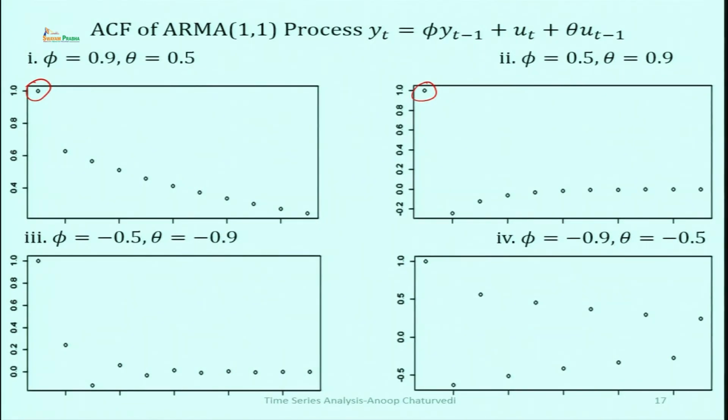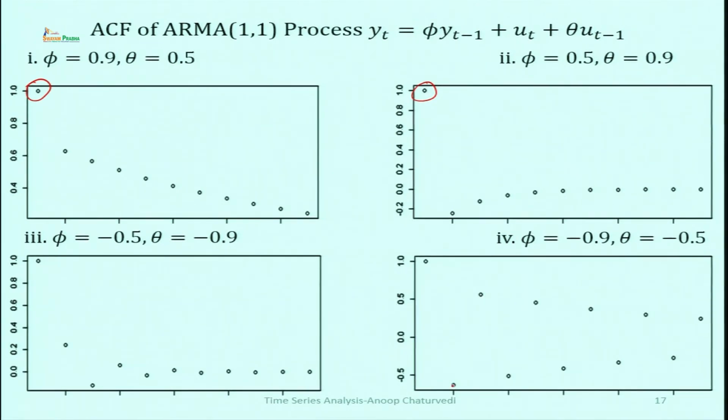Then for phi equal to minus 0.9 and theta equal to minus 0.5, rho 1 is negative, then rho 2 is positive.